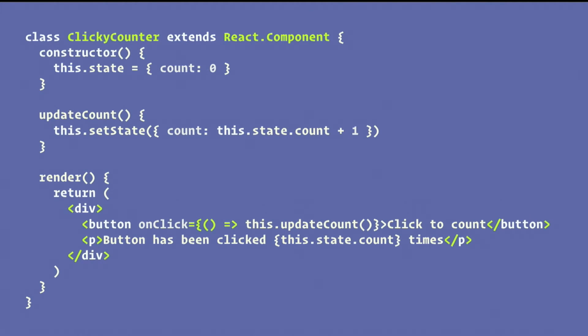So if you have properties that you want to change or data that you want to change, stick it in state, give it an initial value, and then later when you want that value to change, if you look at the updateCount method, that's when you call this.setState, which is just a built-in method in React, and that's what updates or changes state. So in this case, we want to change the property count of state.